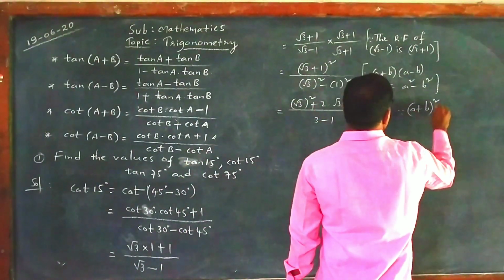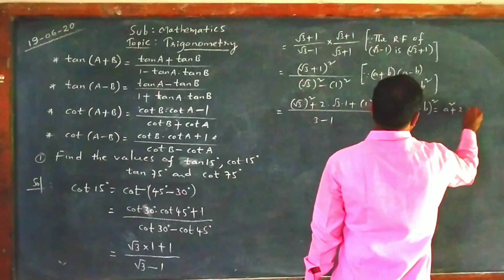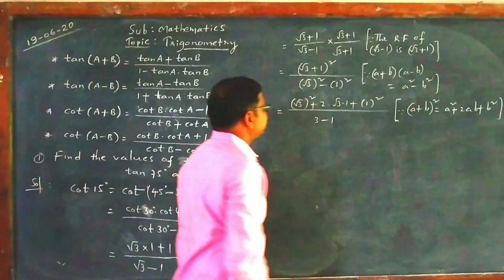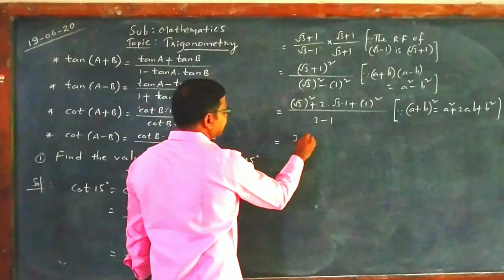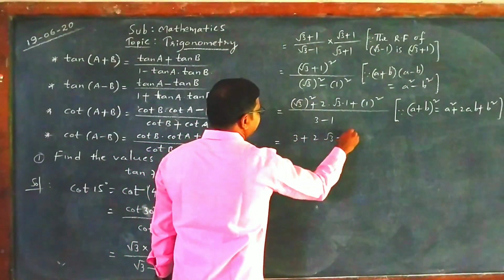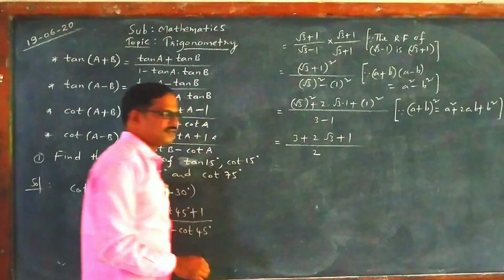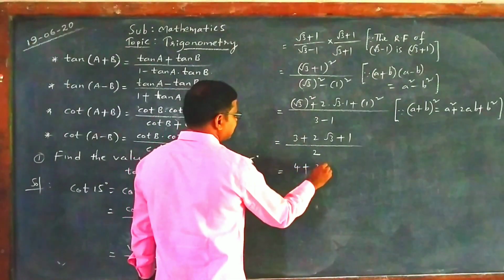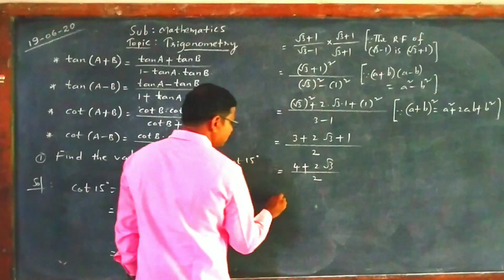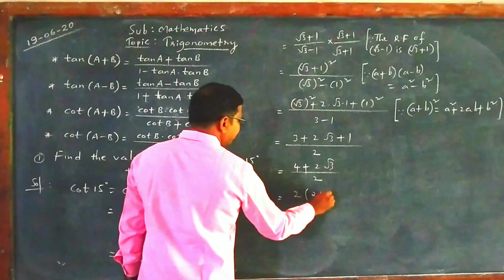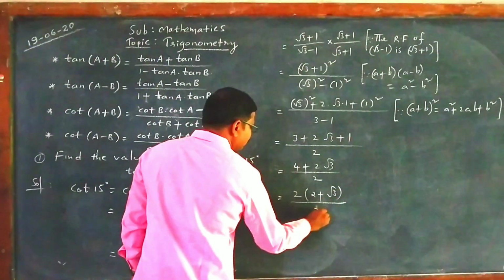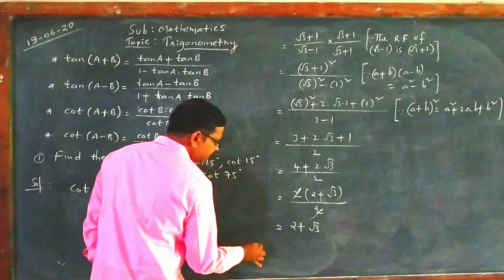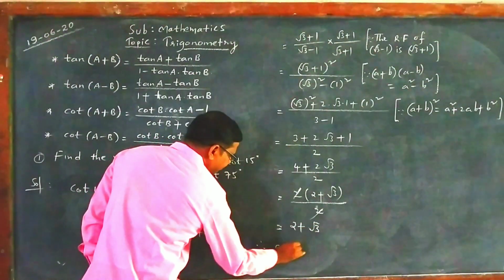A plus b whole square equals a square plus 2ab plus b square. Now root 3 whole square is 3, 2 root 3 plus 1 by 3 minus 1, which is 2. 3 plus 1 is 4, plus 2 root 3 upon 2. Take 2 common, 2 plus root 3 upon 2. 2 gets cancelled, 2 plus root 3. So what is the value of cot 15?